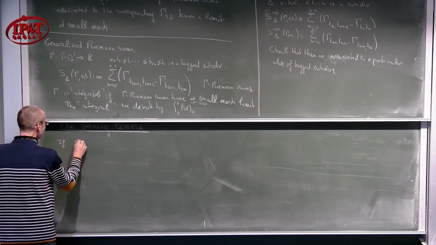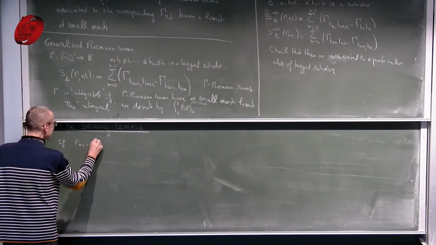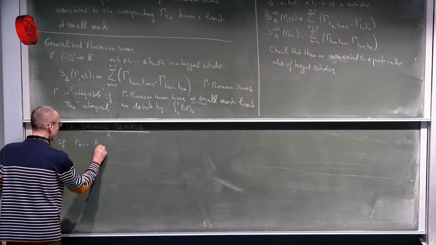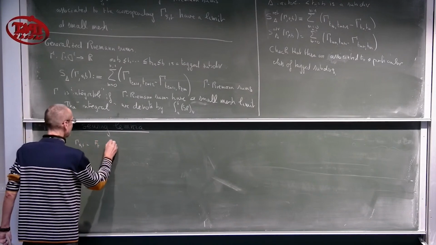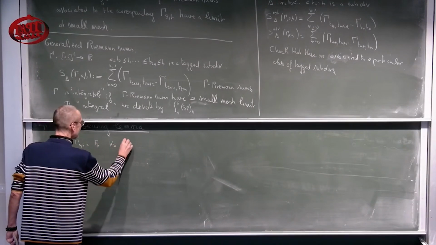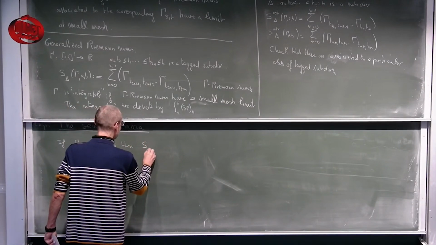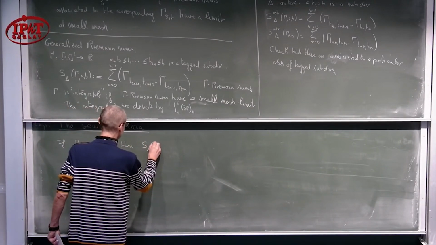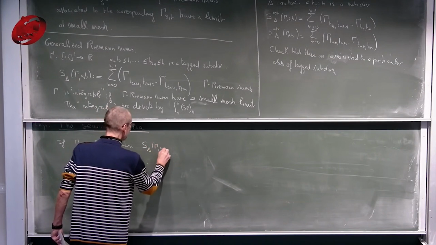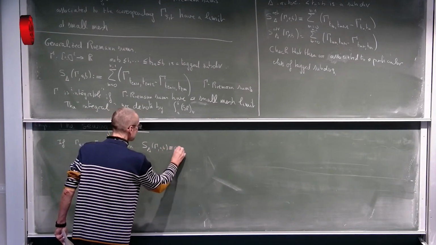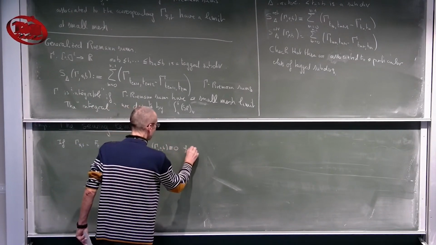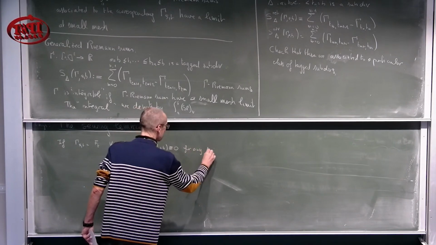So the remark is the following: if gamma_{st} is equal to some function of f(t), then delta gamma_{ab} is identically 0 for any division.